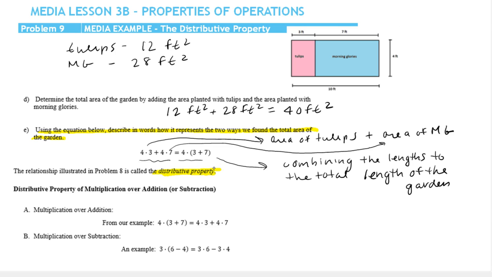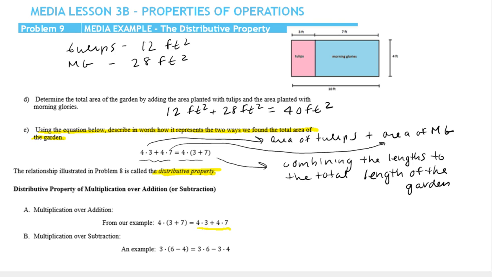So basically what the distributive property says is that 4 times 3 plus 7, where 3 plus 7 is in parentheses. Now remember, we would need to add these first by the order of operations because it's in parentheses. But the distributive property says this is equal to 4 times 3 plus 4 times 7.